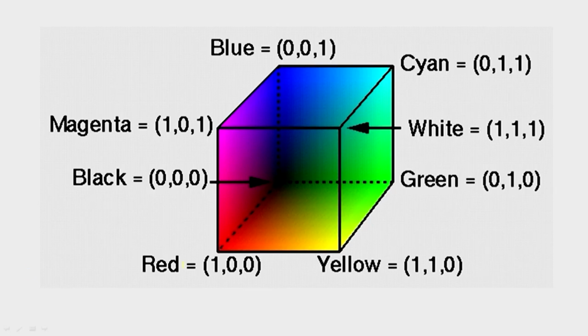On one corner of this cube I have the red color, and on another diagonally opposite corner I have blue color, and again diagonally opposite to these blue and red I have green color. That means using this color space I can create a plane which can touch all these 3 primary colors, that is red, green and blue.